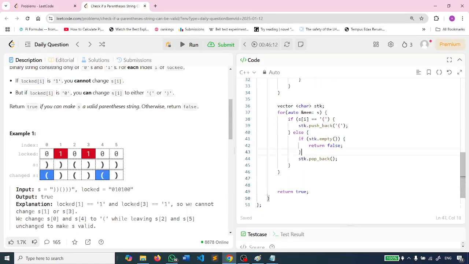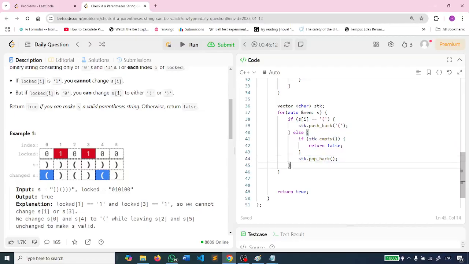So what we did: if s[i] is equal to an opening bracket, we push it. Otherwise, we know it's a closing bracket. If the stack is empty when we have encountered a closing bracket, then we simply return false, else we just need to pop the top of the stack.